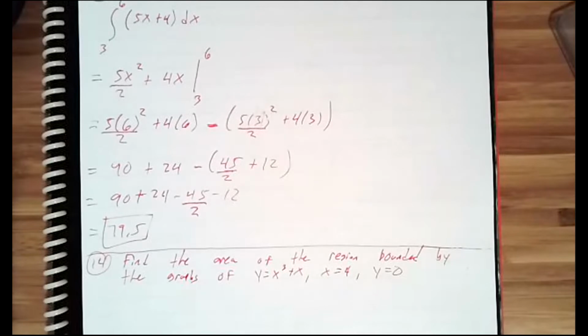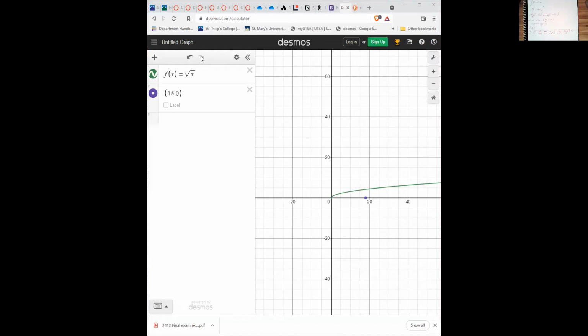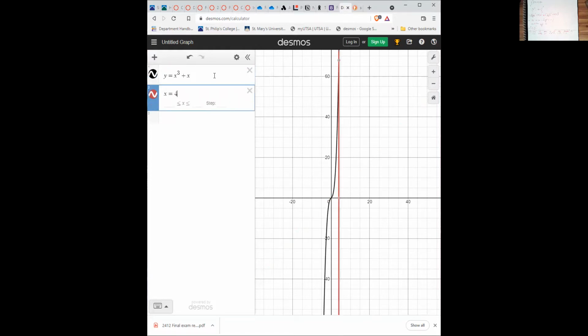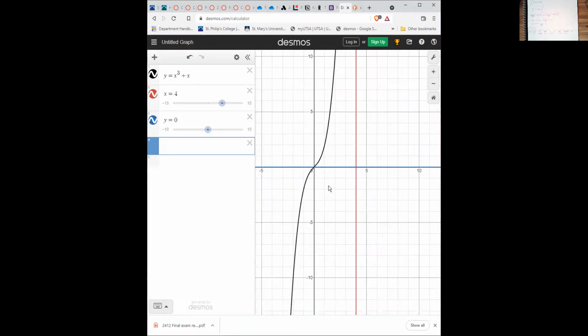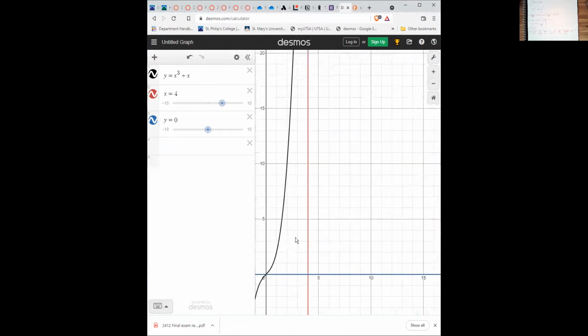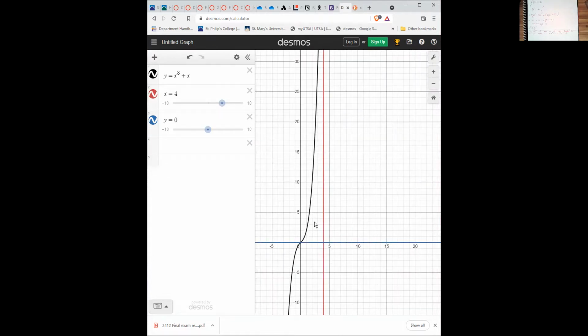Okay, let's go ahead and graph it on our Desmos here. So we're going to have y equals x cubed plus x, x equals 4, y equals 0. So zoom in. Looks like we care about this section in here.